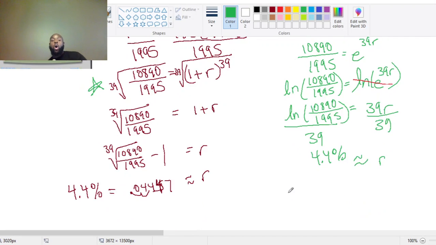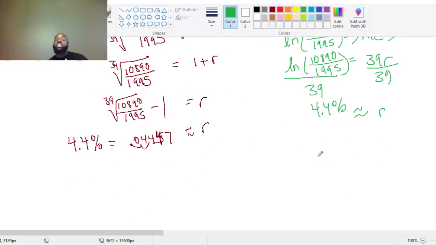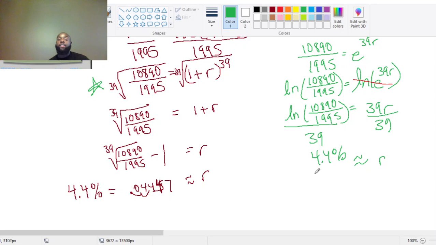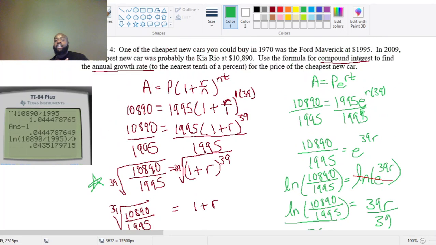Now, these values won't always be the same. They're actually not the same, but within rounding, they are the same. But this one requires us to use our logarithmic properties, our rules of logarithms. This one did not. I wanted you to see both of these.